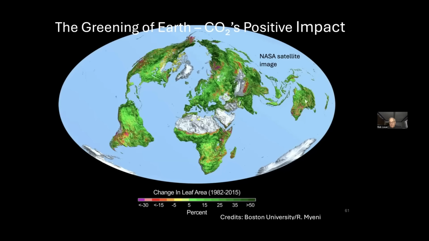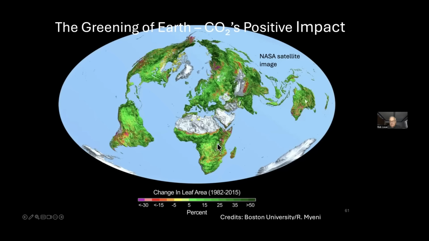by NASA. Here's a fantastic photograph that they've put together of the Earth. It's a NASA satellite image. And what these colors on the different continents represent is the increase in leaf cover that has happened between 1982 and 2015.